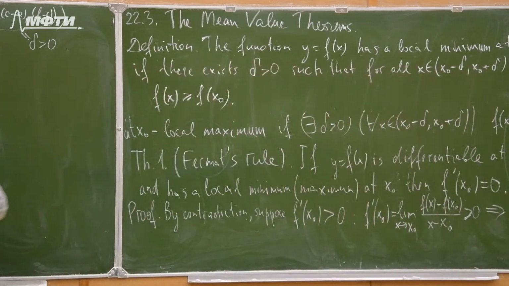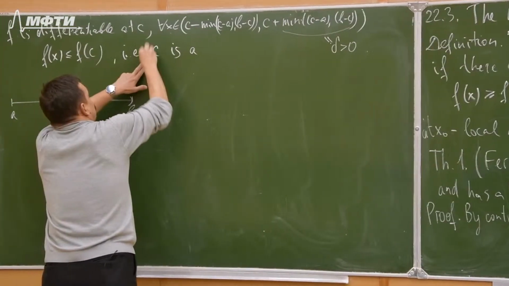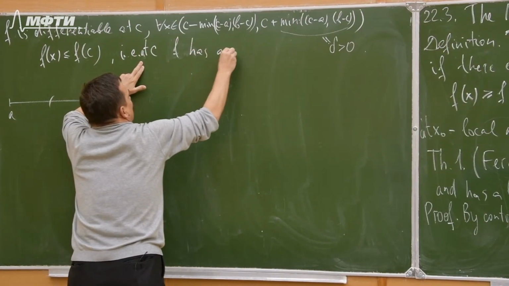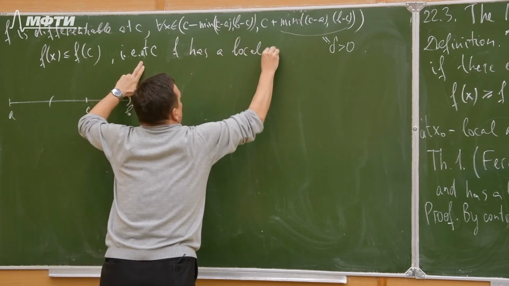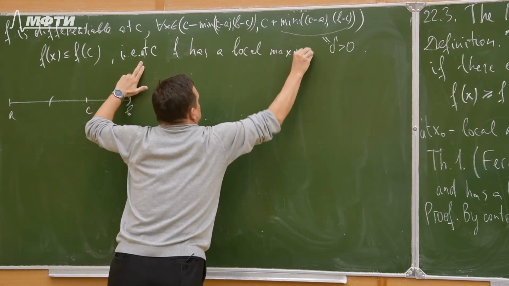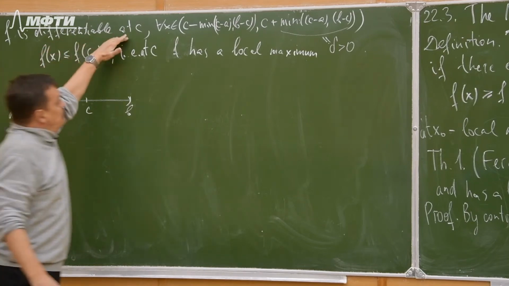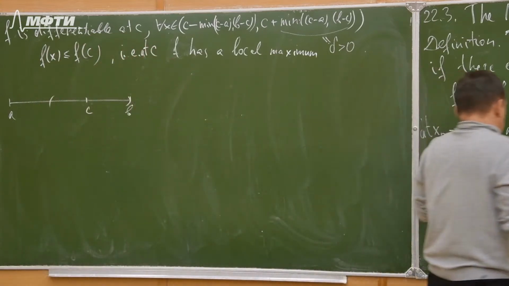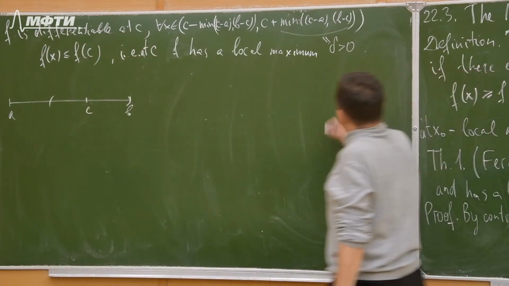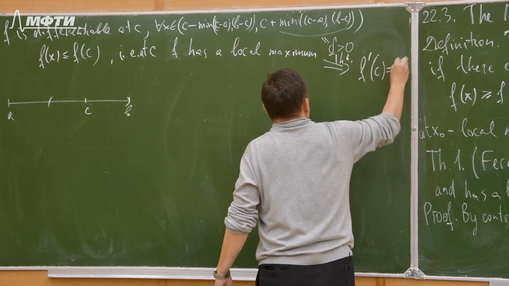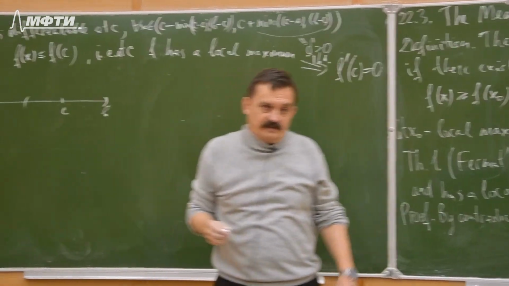So, at C, f has a local maximum, right? So, differentiable and has a local maximum. So, by Fermat's rule, Theorem 1 says then f prime at C equals 0. That's it.